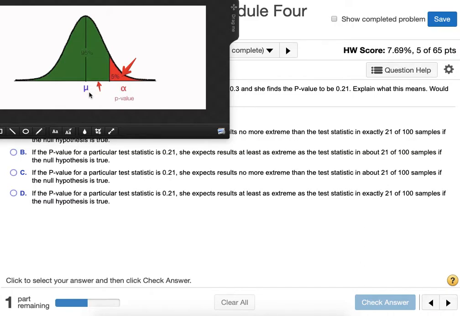We're closer to the actual population proportion instead of mu. But anyway, you get the idea, and so we would not reject because we're not in the rejection region, which is typically in either of the tails. So hope that makes sense.